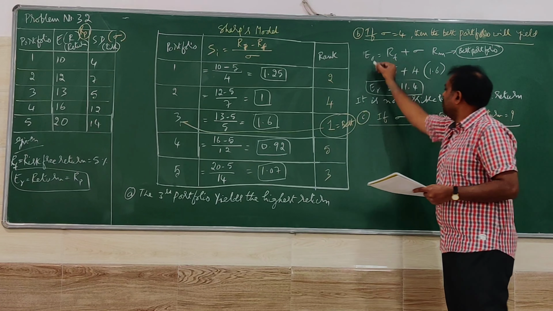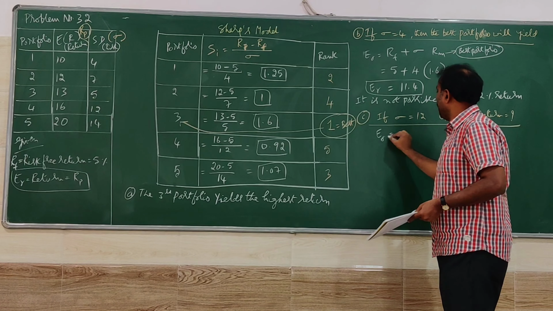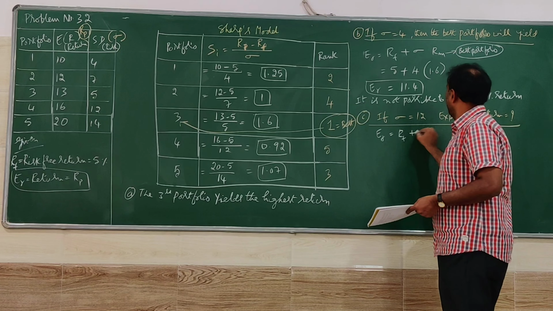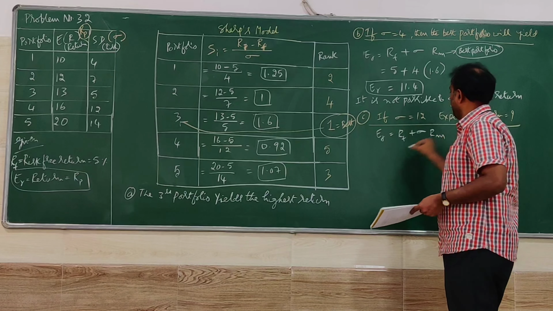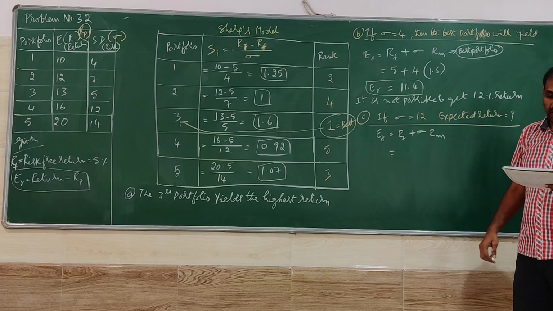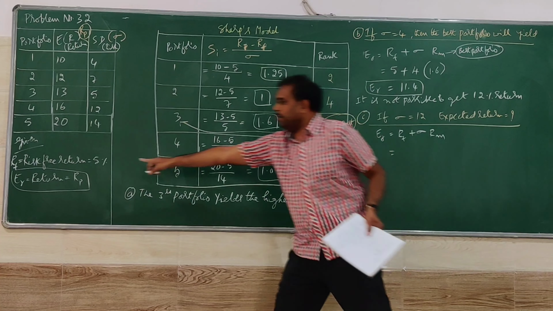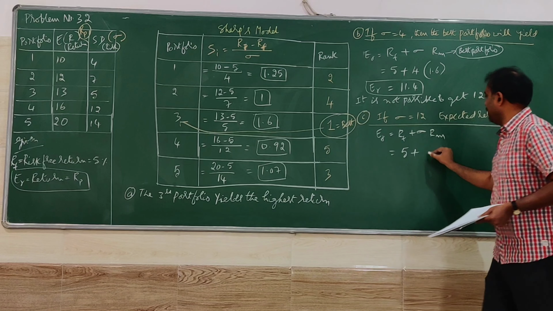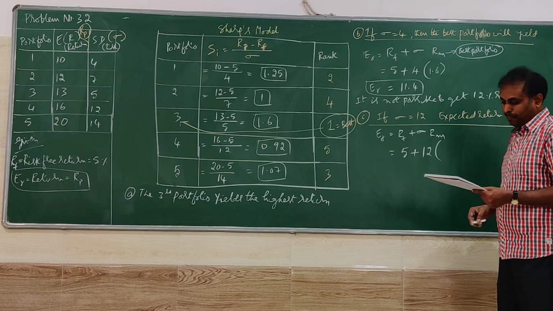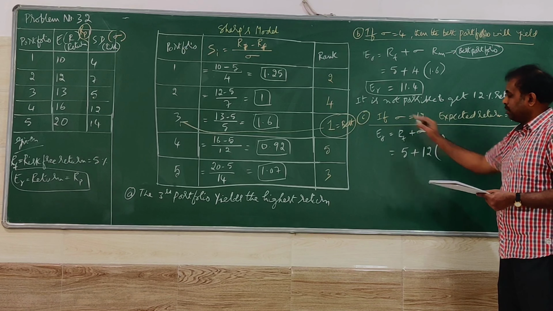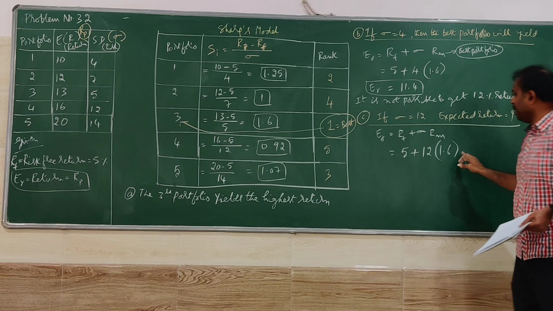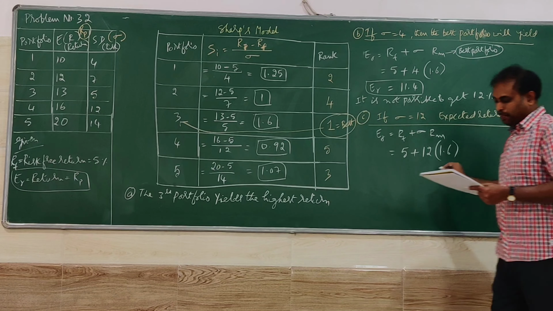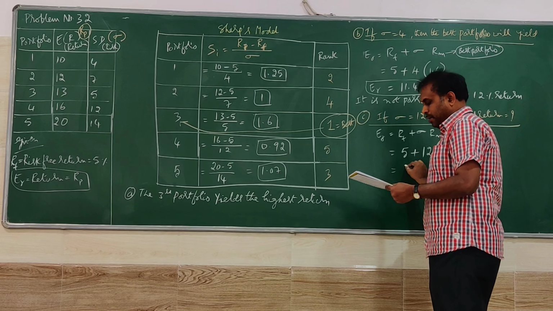I will use the same formula that I have used earlier to find the expected return. So again, RF is the same 5%, that is the risk-free return. Standard deviation is 12 as per the question, and the best portfolio again yielding 1.6 is the 1.6 over here.